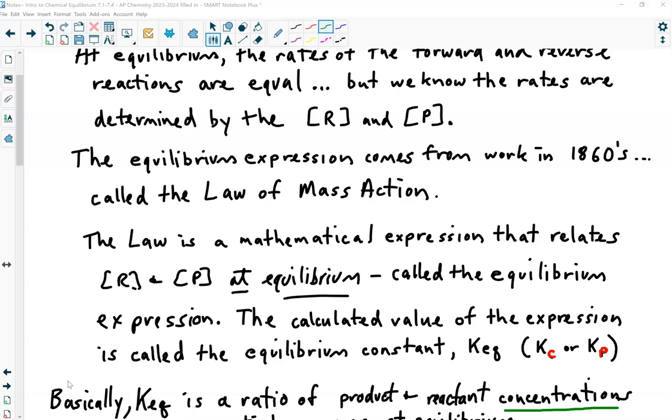Because of course temperature affects kinetics, kinetics affects rates, rates affect concentration. So ultimately there will be a temperature dependency of the equilibrium constant. It will change its value based on different temperatures, but for a given temperature, for a given chemical reaction, the product and reactant concentrations will always be the same ratio at equilibrium, as we're going to see here in a second.